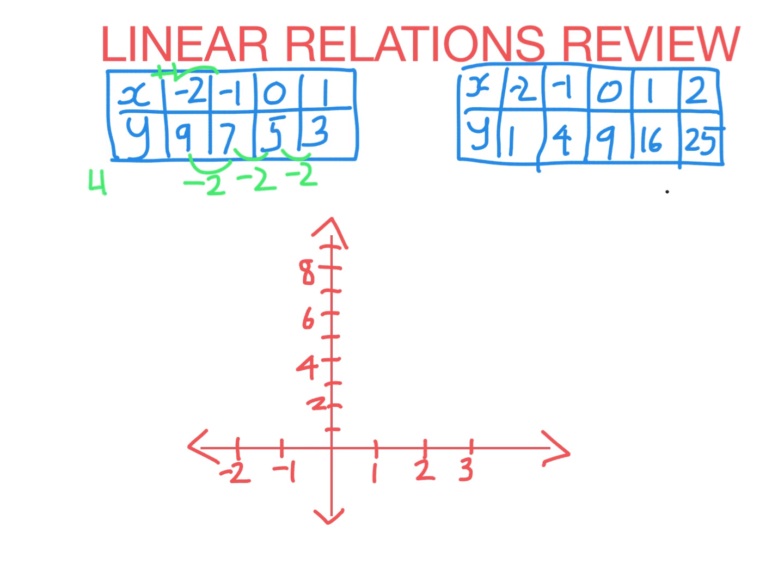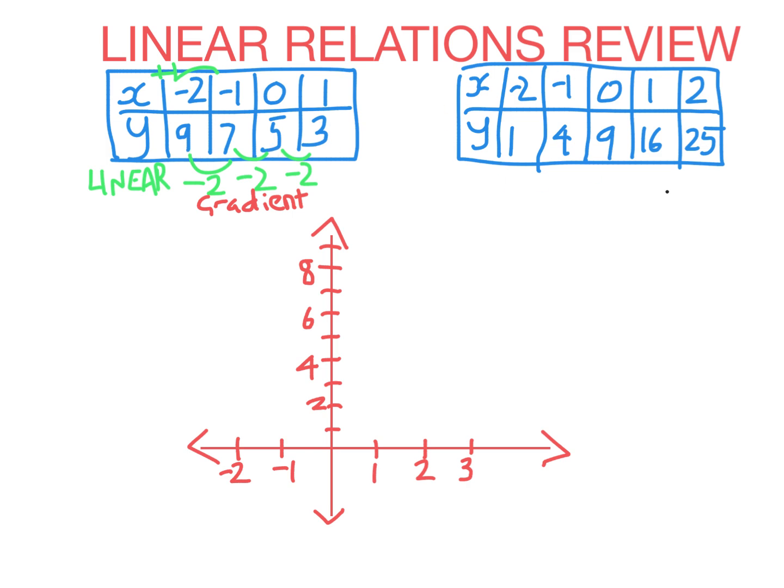That's exactly what we mean by linear. Now this number that you're adding or subtracting each time, in this case -2, is called the gradient. So we can define a relationship as linear if the gradient is constant. You are adding or subtracting the same amount each time. Here the gradient is -2, it's the same each time.